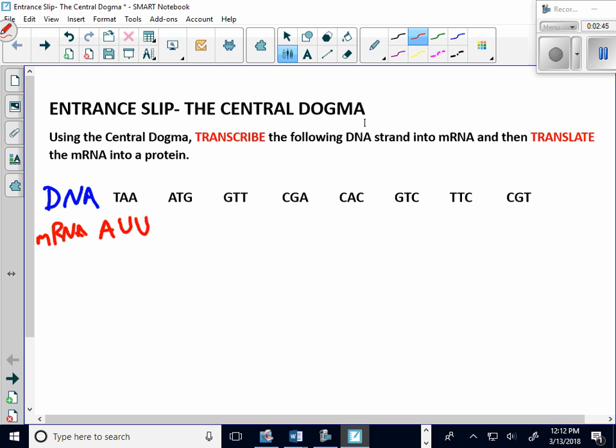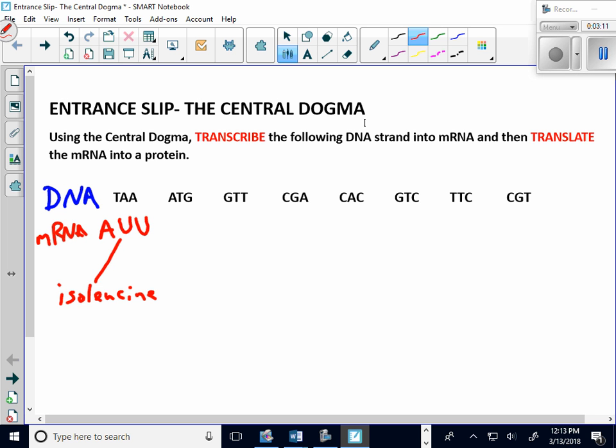But if I'm looking at A, U, U, I look at my codon chart, A, U, U is isoleucine, correct? So this is isoleucine, right?